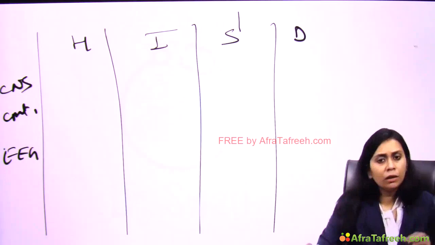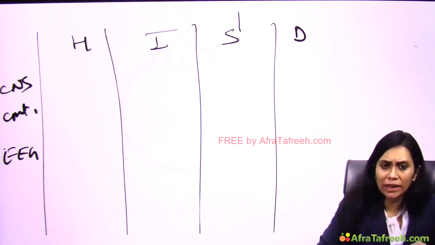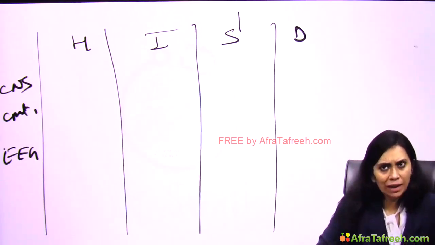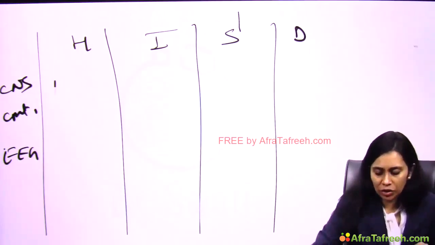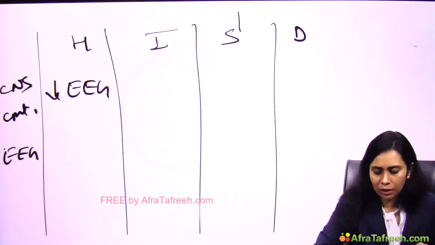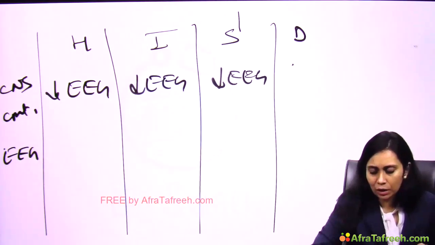Electroencephalogram. We all know if brain activity is more, EEG increases. If it is less, EEG decreases. All inhalational anesthetic agents and intravenous anesthetic agents decrease EEG activity because they all decrease the brain activity. They all do the same thing. EEG decreases. Okay guys.